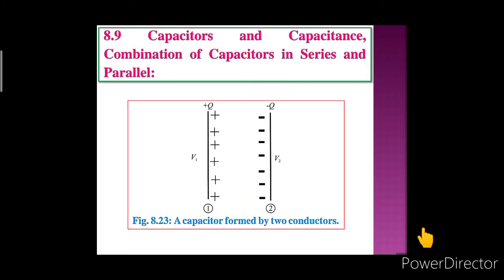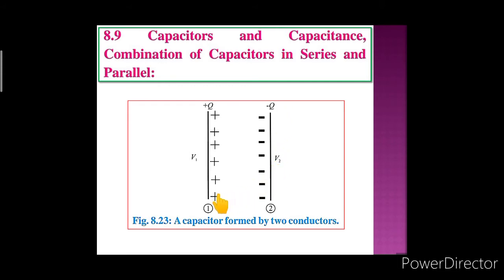Now, we have two conductors, conductor 1 and conductor 2, with charges plus Q and minus Q. The potential of the plate P1 due to the charge plus Q is V1, and the potential of plate 2 due to the charge minus Q is V2.